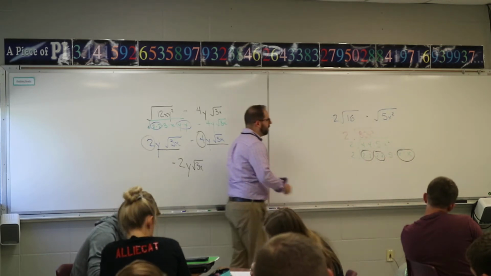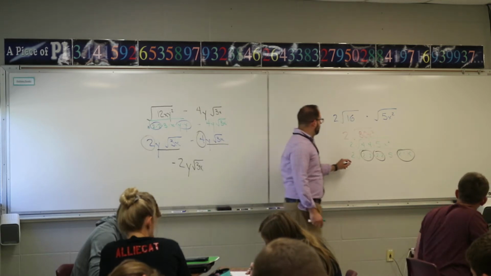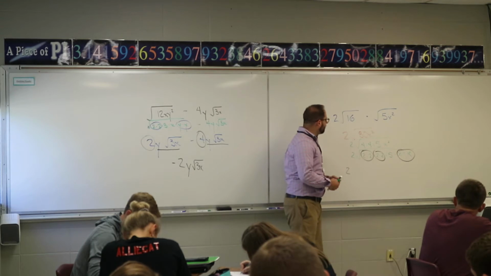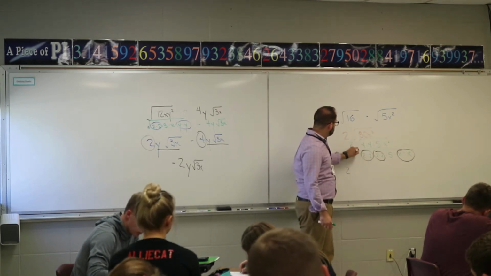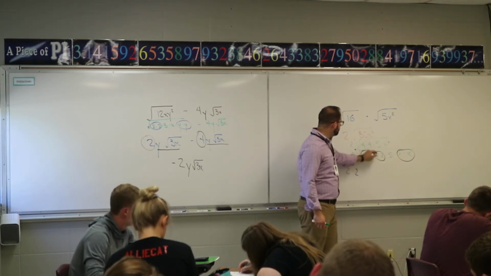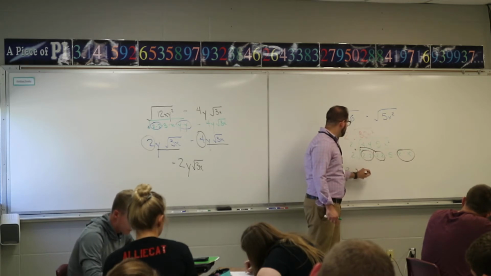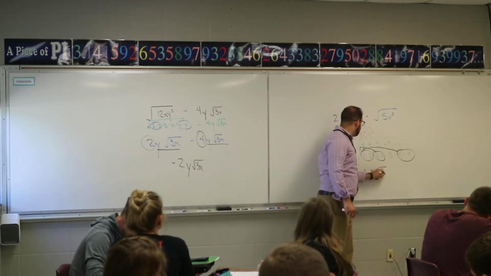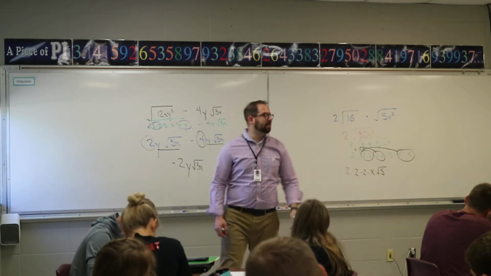And those would be fired outside. So on the outside there's already a 2 sitting there, but these other ones are going to join it. So I'm going to have another 2 that joins, another 2 that joins, and an x that joins. And on the inside, we still have 5 that's left over. 5 didn't go.